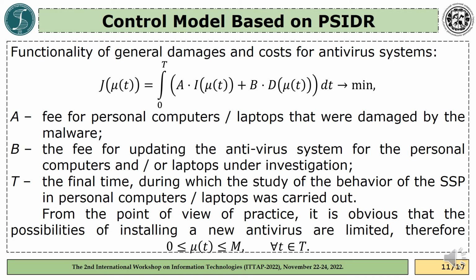Based on the basic model for predicting the spread of malware, a control model was built, the purpose of which is to calculate and minimize the cost of updating antivirus systems that protect the energy system from malware.